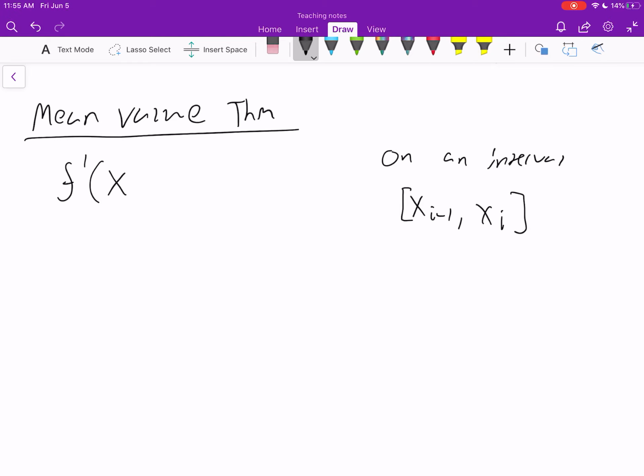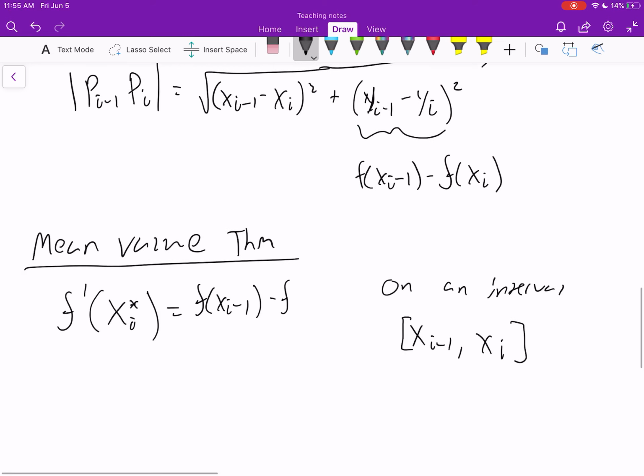There is some point, x sub i star, such that the derivative is equal to the average value, the slope of the secant line. So this is going to be f of x sub i minus 1 minus, sorry, that should be the other way around.